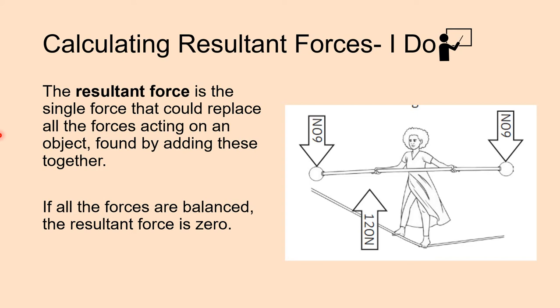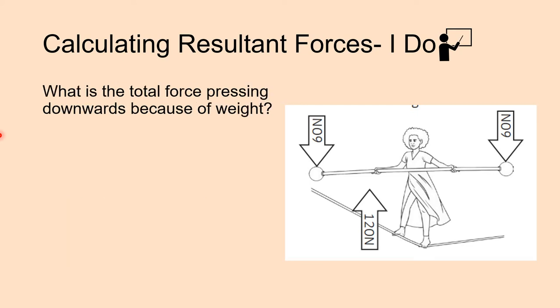So let's have a look at this question. What is the total force pressing downwards because of weight? We've got 60 newtons on the left and 60 newtons on the right, which totals to 120 newtons. What is the total force pushing up? The reaction force. It's 120 newtons.